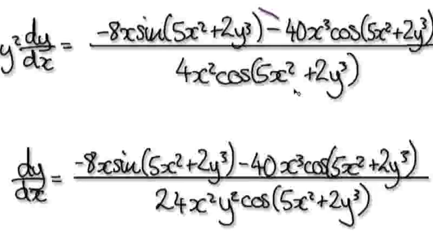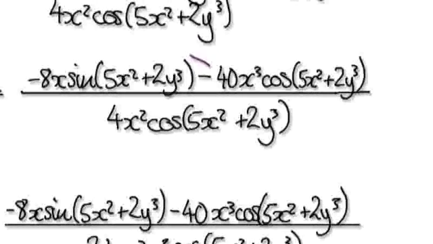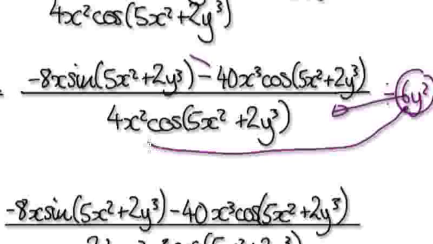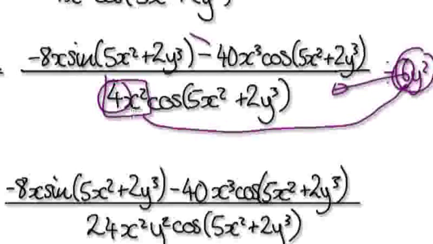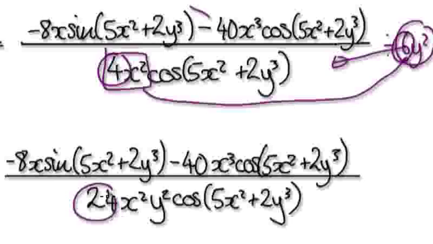Basically, if you divide both sides by 6y squared, it will get multiplied to the bottom. So merge this 6y squared with something up here. The 6 times 4 would be 24. The y squared is here, and the x squared is this one here.